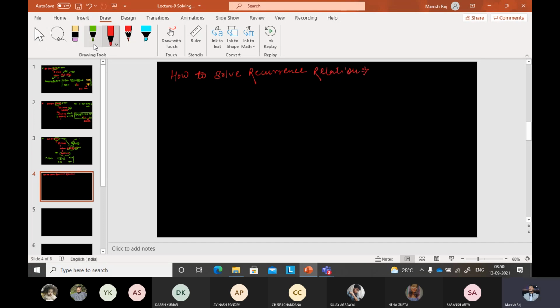Okay, so there are three methods for that. First method is the back substitution method. Second method is the recursion tree method, or recurrence tree method, you can say.